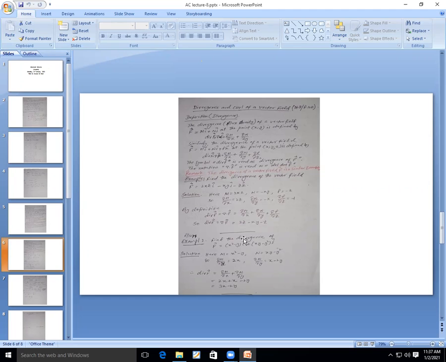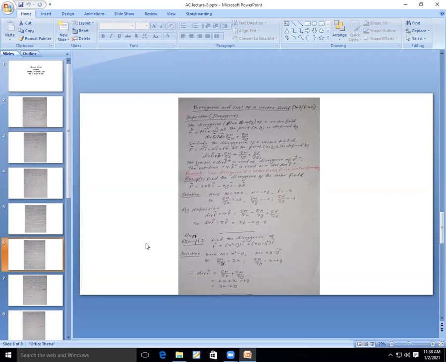Solution: clearly M is x squared minus y, N is equal to xy minus y squared. Differentiate M with respect to x, you get 2x.